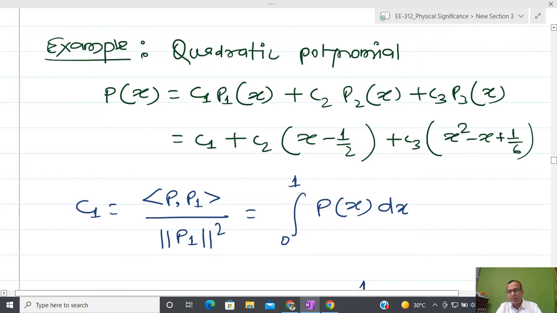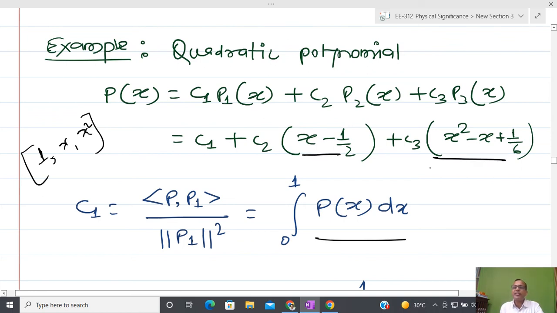Just now we checked that if I select the elements 1, x, x squared, then that will not form an orthogonal basis, because if I define the inner product like this, then the inner product of 1 and x is not equal to 0. But if I restate the basis in the form 1, x minus half, x squared minus x plus 1 by 6, then that is going to form an orthogonal basis.